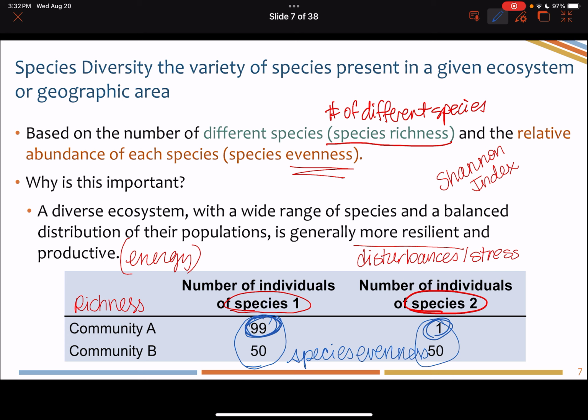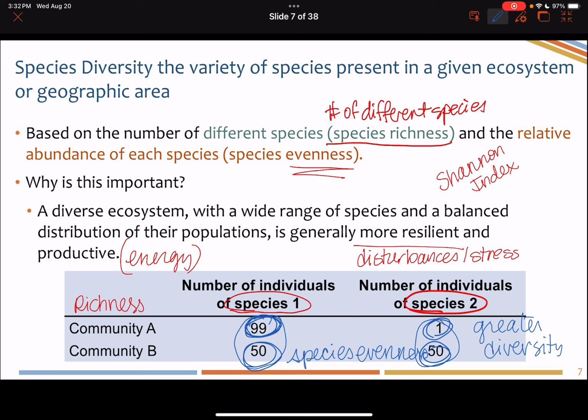Whereas community B is a relatively even distribution of each type. So therefore, community B has greater diversity.